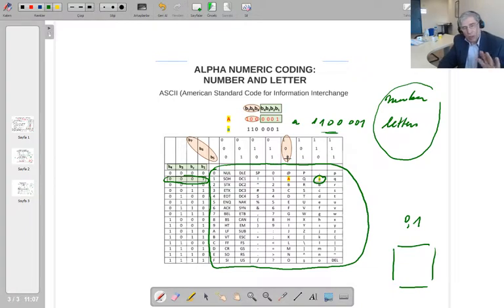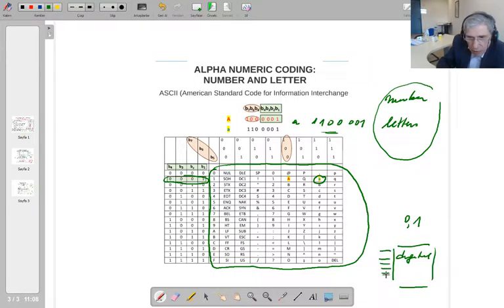So now we can transfer all our daily life symbols to 0, 1 binary symbols in order to be able to apply these symbols to our digital systems. In order to transfer all these symbols to the digital system as an input, I need how many bits? 7 bits.